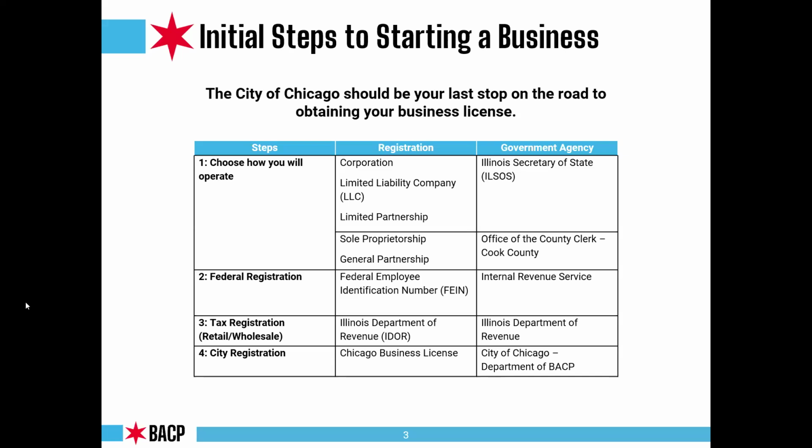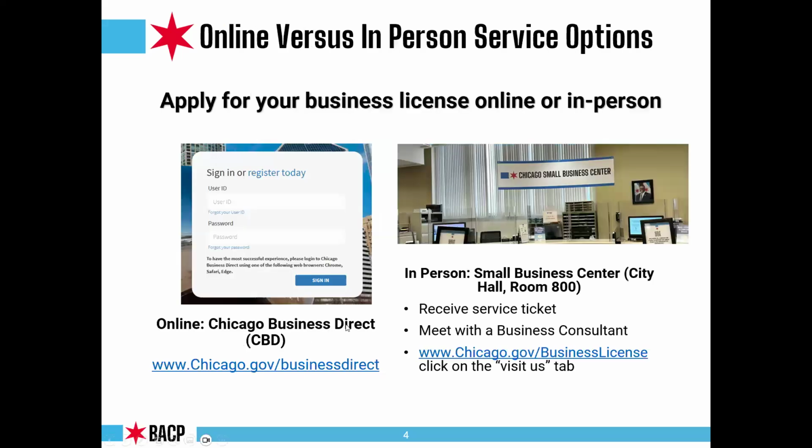And then there are options for applying for your business license. One, you can apply online. You can apply online using Chicago Business Direct. You can reach that website at www.chicago.gov/businessdirect. You can also apply in person at City Hall, room 800. That is the Small Business Center.